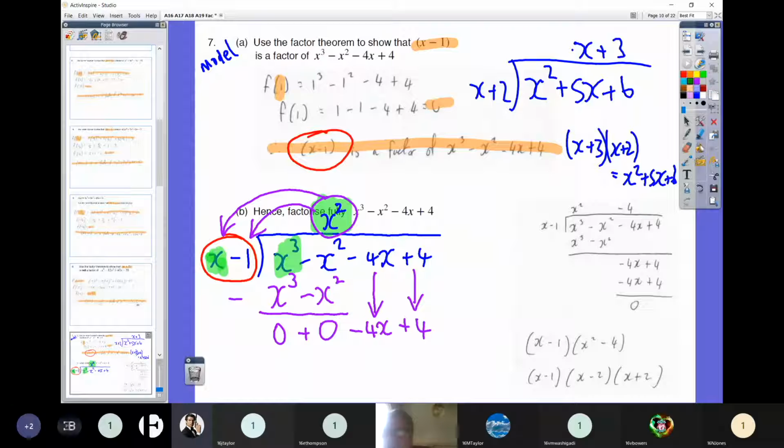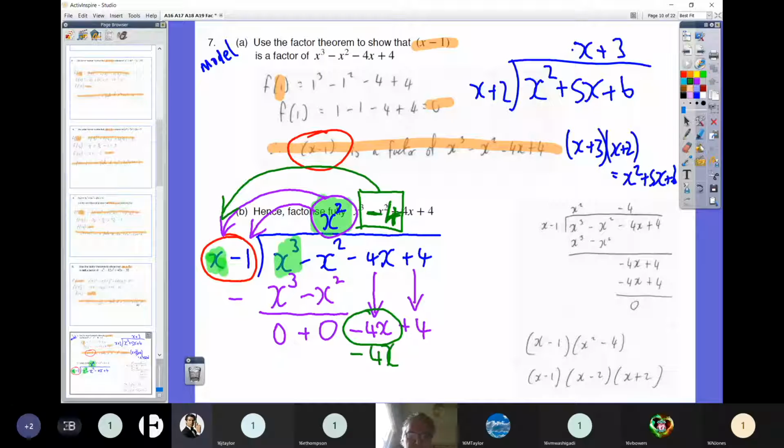We've got to say to ourselves now, this term that I'm trying to think of to put here, what times x gives me minus 4x? And that's going to be minus 4. So minus 4 times x is minus 4x.